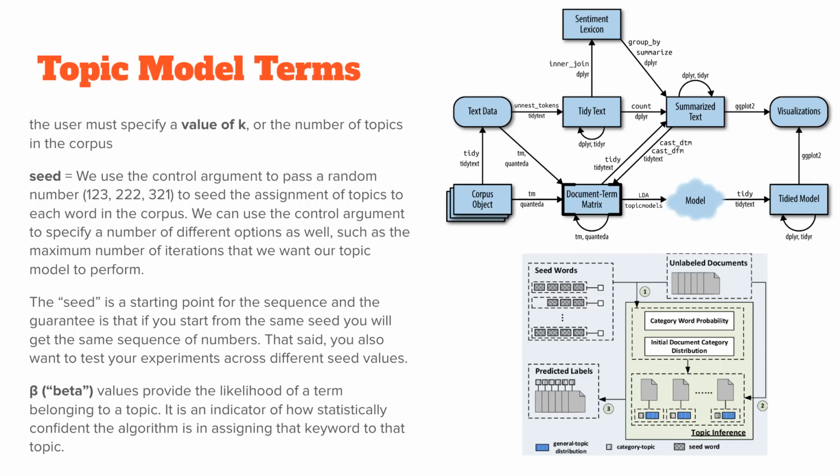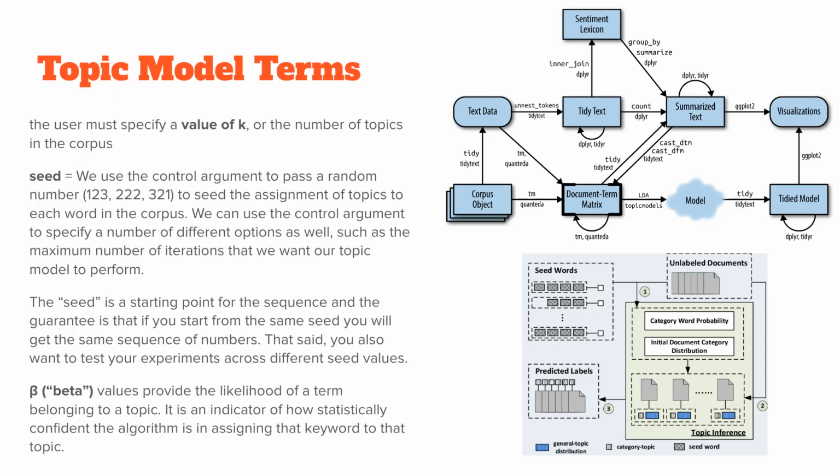So I would say that I'm interested in finding 8 topics out of this text. So I'm setting the value of k to 8. The value of k is basically the number of topics you are interested in extracting from the text.